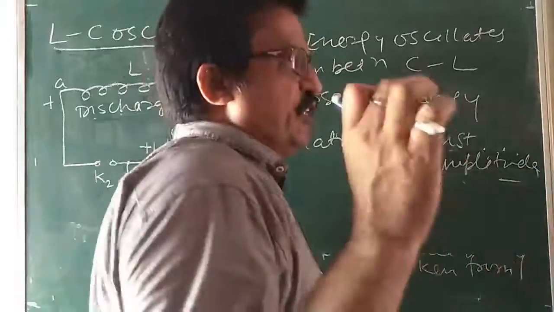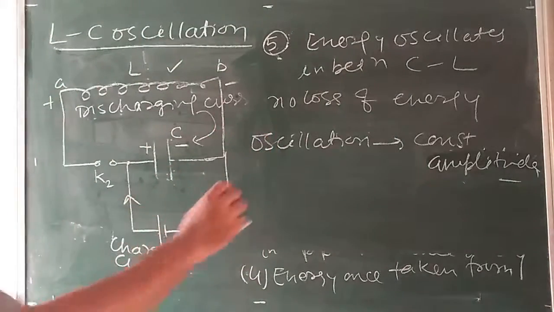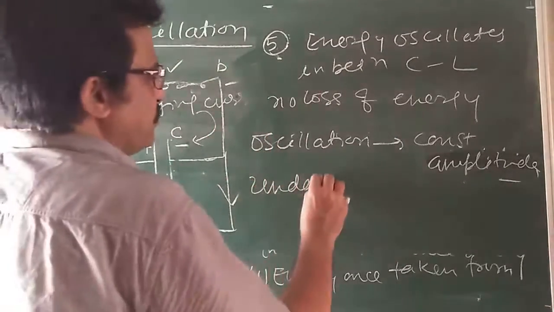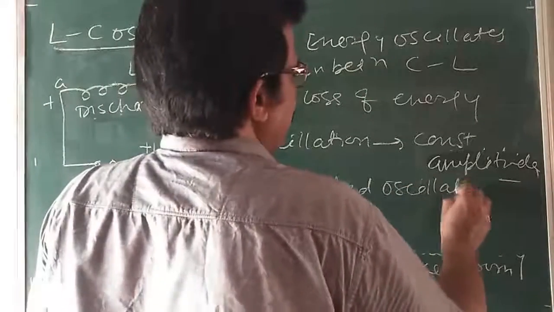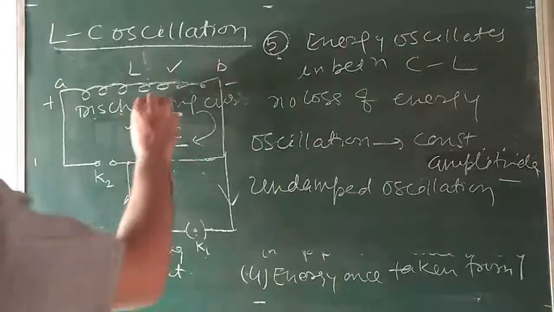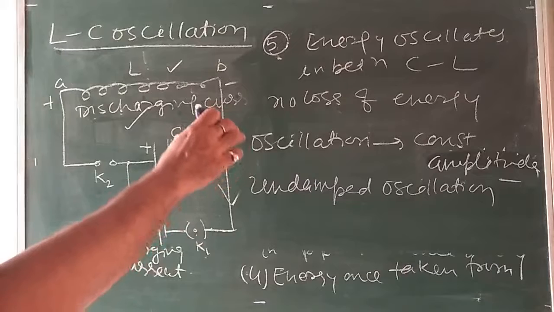So when the amplitude is constant, we can say the oscillation so produced here is called undamped oscillations. This is called undamped oscillations we are getting from this circuit. It is clear?